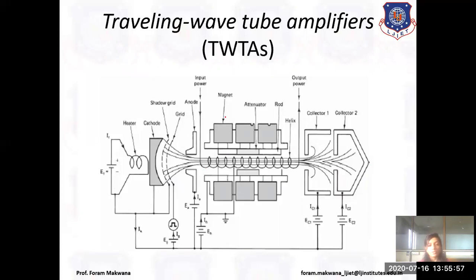So this is the structure of a traveling wave tube. Why is it called a traveling wave tube? Because a wave travels through this tube and is amplified with the help of this structure.